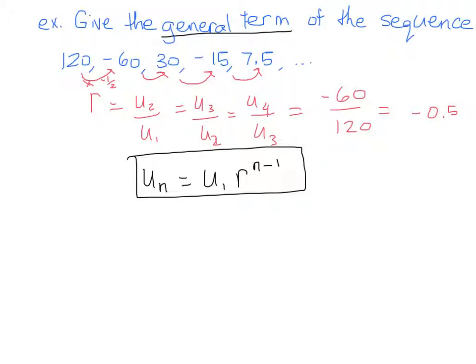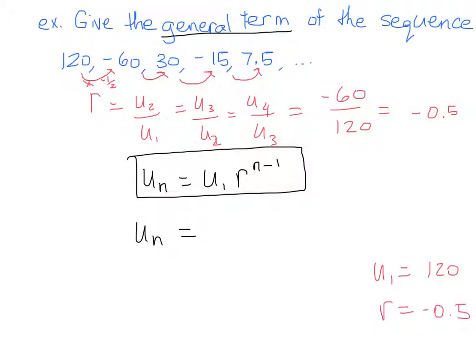Since it is general, Un and n stay as Un and n. But we do know the first term. The first term, let's put it off to the side, U1, the first term is 120, and we just figured out that R is -0.5.